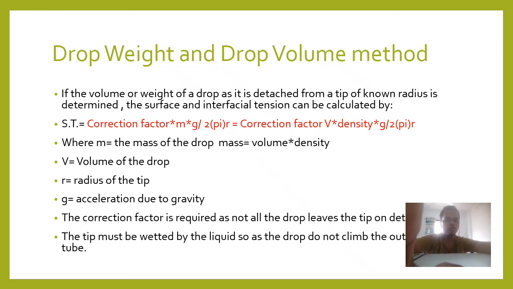V is the volume of the drop, r is the radius of the tip, g is the acceleration due to gravity, and the correction factor is required only for accuracy purposes. The tip must be wetted so that the drop does not climb out.